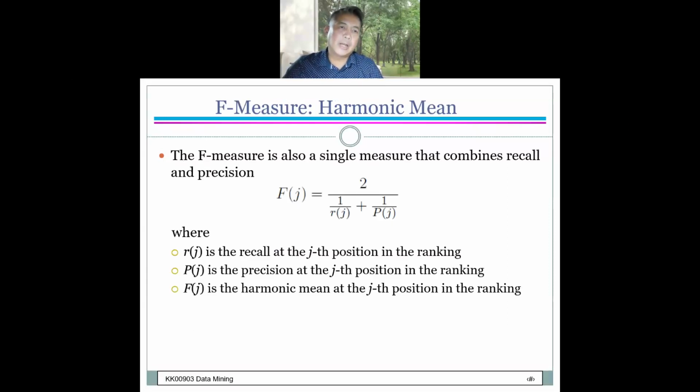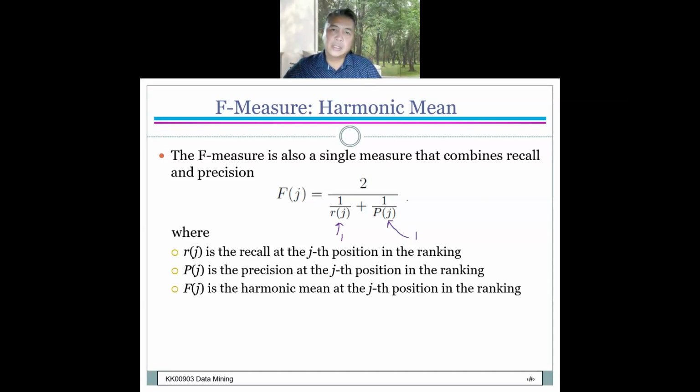Like I mentioned just now, since we have recall and precision, they have what we call the harmonic mean, where they combine the recall and precision at the same time. Sometimes they call it the F1 measure. So the F measure is a single measure that combines the recall and the precision. Remember that we want to maximize this. The maximum value for recall is 100%, which is 1, and also the maximum value for precision is 1.